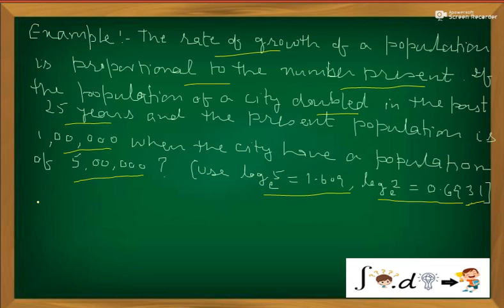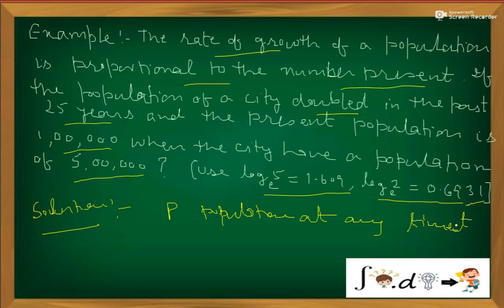Suppose, let P be the population at any time t, and it means rate of growth, that is dP upon dt, is proportional to, this is the symbol for proportionality, the number present. How much number is present? P is present.